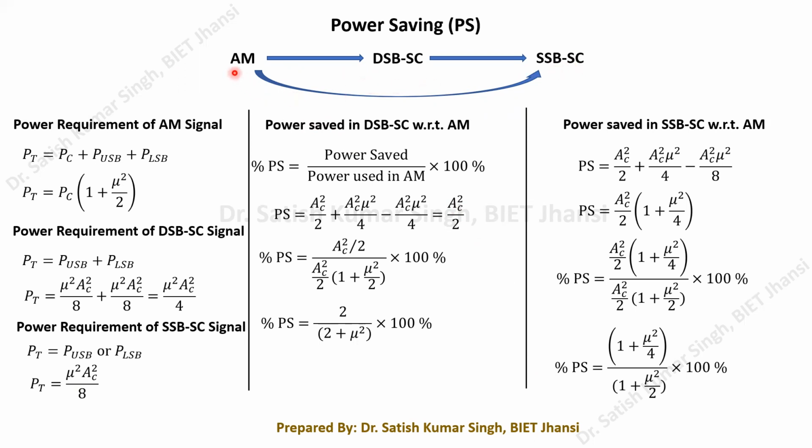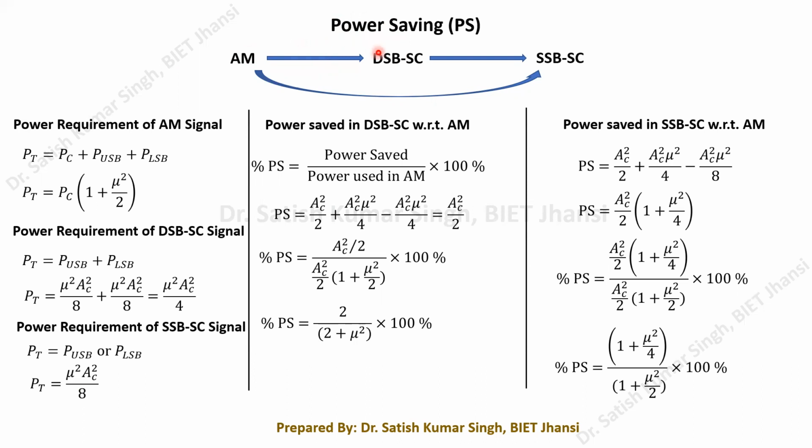AM has bandwidth equal to 2 fm, DSB-SC is again 2 fm, and SSB-SC has fm. So while moving from AM to DSB, there is no change in the bandwidth. Only the power requirement has reduced, because we are suppressing the carrier part.